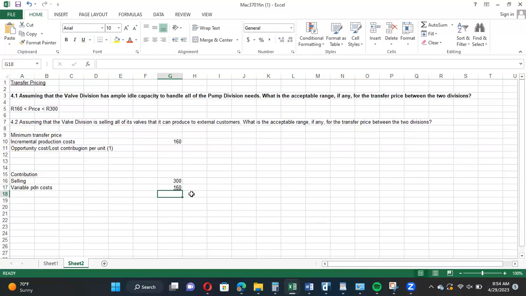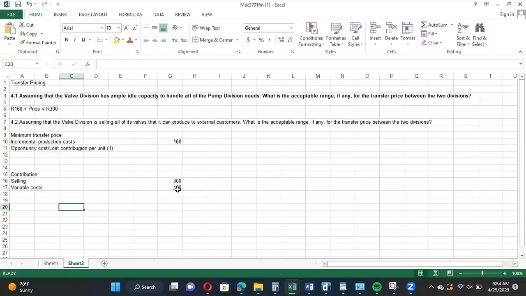160. So sometimes this is not always going to be the same, right? Because, okay, let me not say variable production cost. Let's just say the right thing to do there is your variable costs in total. So which are going to bring about your variable production costs and your other variable costs, which under normal circumstances, you would have variable selling and distribution, right?